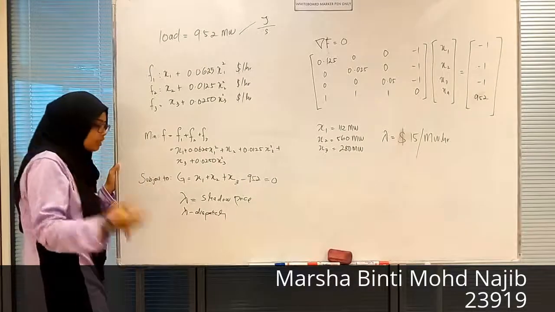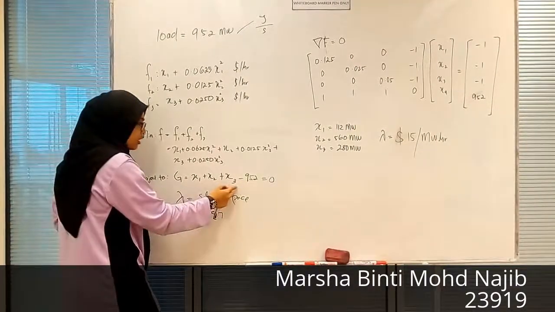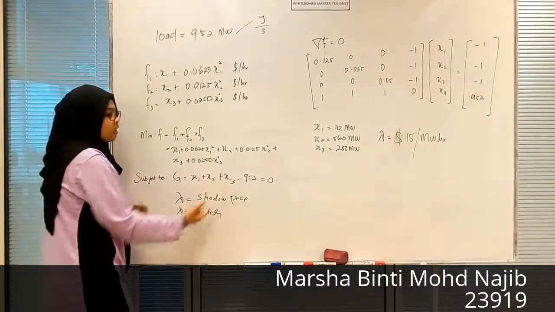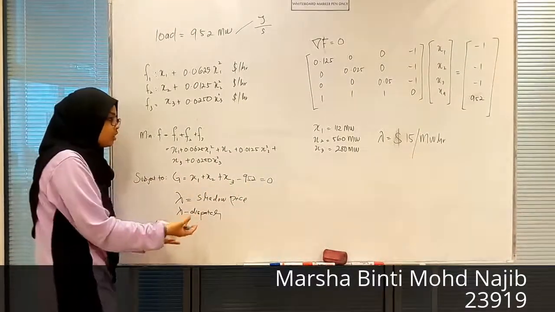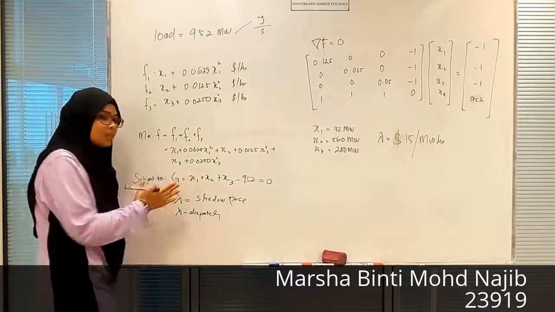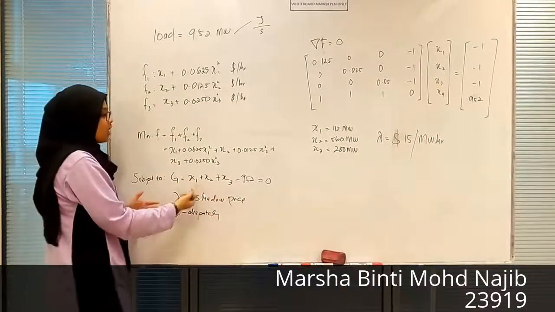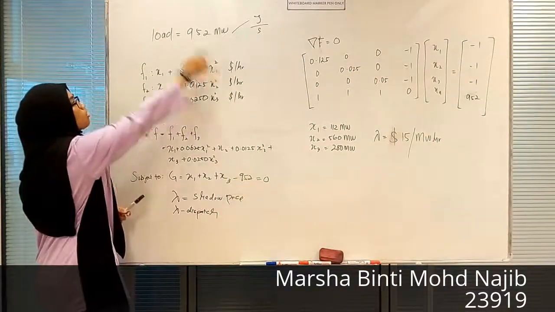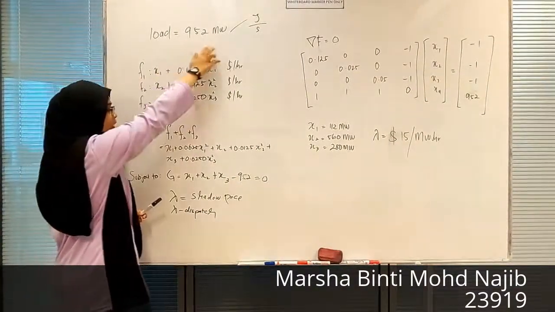The constraint given is x1 + x2 + x3 - 952, because x1, x2, x3 are the output power of the generators. This is the maximum that can be supplied, and this power is needed to meet the load of 952 megawatts.